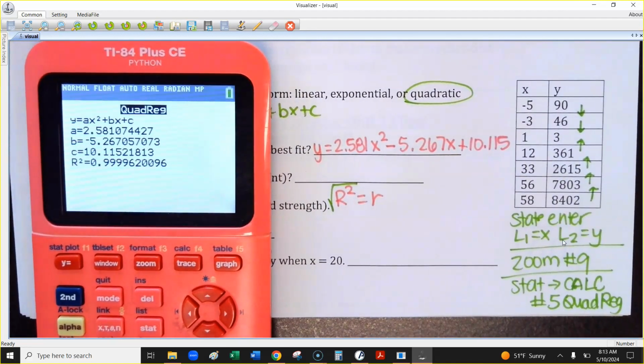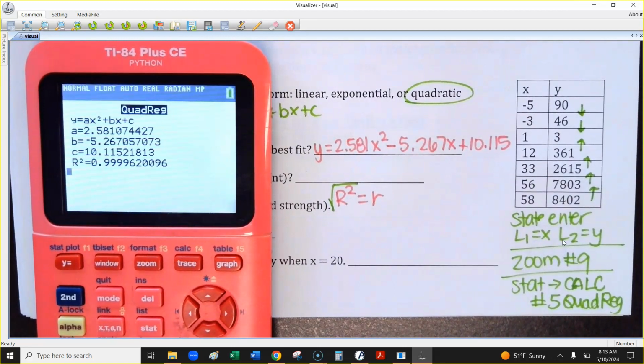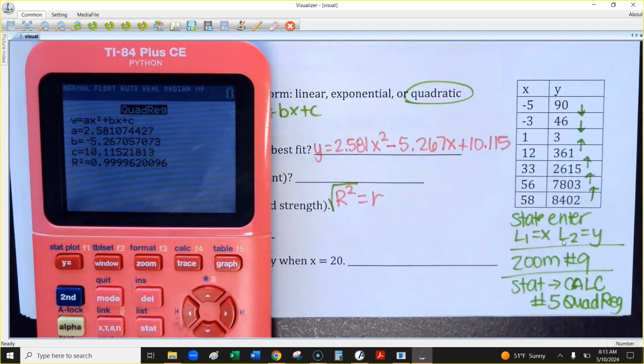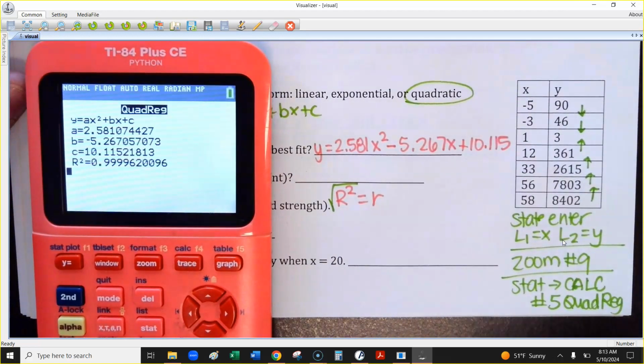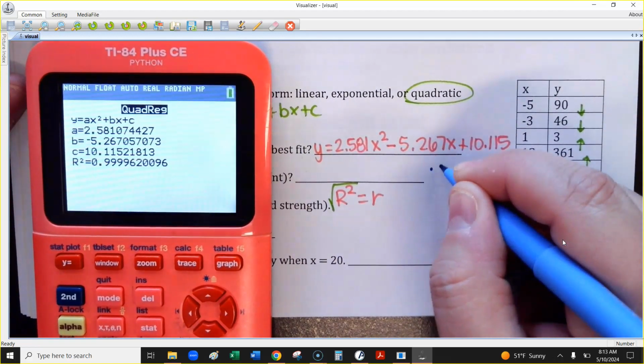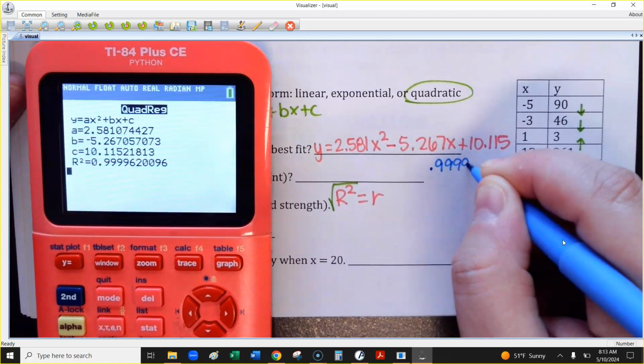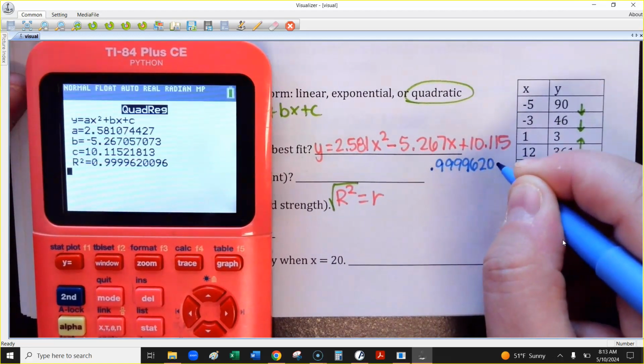Now, the super tricky part here, you guys can see that that's a really long decimal, that I would round to 1, but we can't do that to get our answer. So I want you to write out as many decimals as you can. I'm just going to jot them down here real quick. So I've got 4 9s, 620,096.